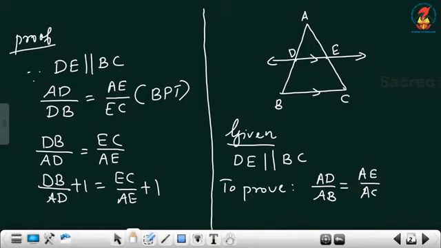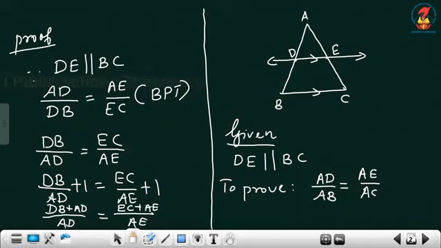So, DB by AD plus 1 is equal to EC by AE plus 1. Take the LCM, AD is the LCM. So, DB plus AD. Here AE is the LCM, EC plus AE.